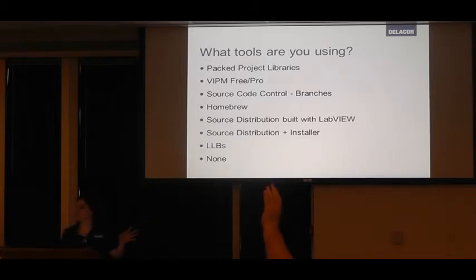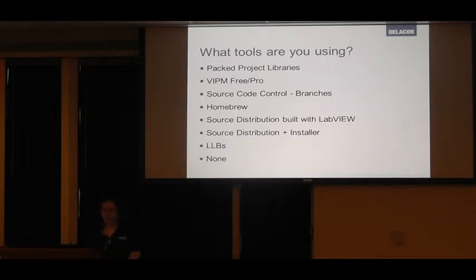All right. Good. It seems like I have to go back to study on another course. Okay. All right. Who's using source distribution? Built in Navi. All right. So we have 2, 3. All right. Okay. And source distribution plus an installer. All right. Some of the same people.